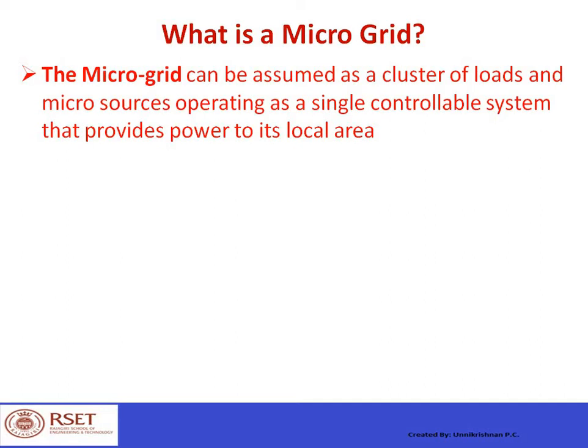They have their own distributed generators, their own storage devices, their own loads and their own controlling devices so that they can independently operate, depending or not depending on the grid.